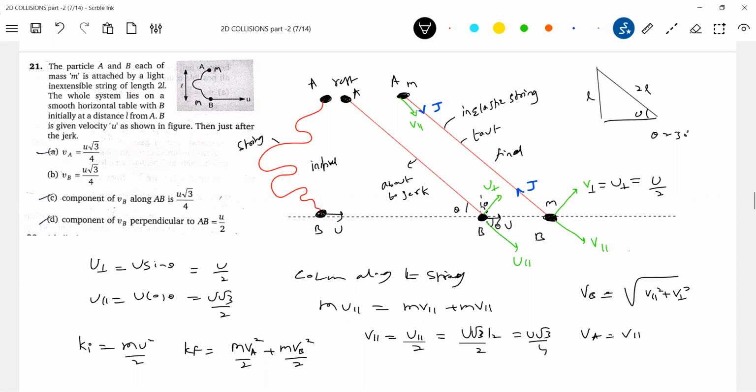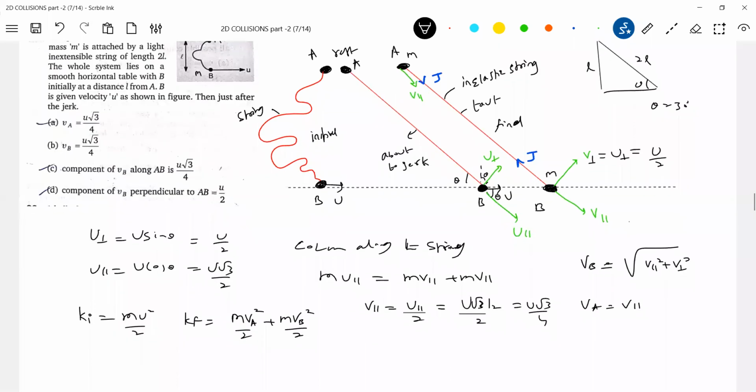Just after the jerk, whatever the decrease in kinetic energy will be converted into heat and that will be absorbed by the string. Or we can call that strain energy; in books, they call that strain energy. It is converted into an increase in the strain energy of the string. I don't get sound energy, am I right? It's very rare that we get sound energy. So at most, it will be absorbed by the string in the form of heat.